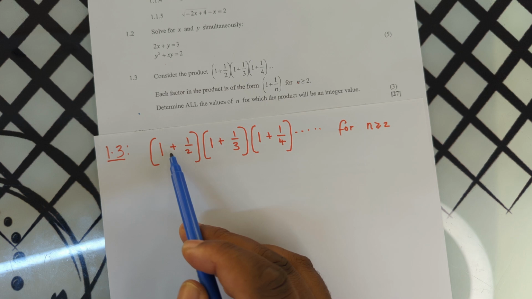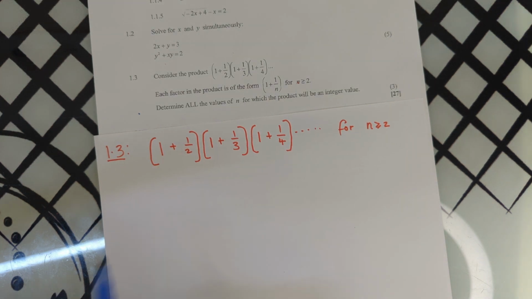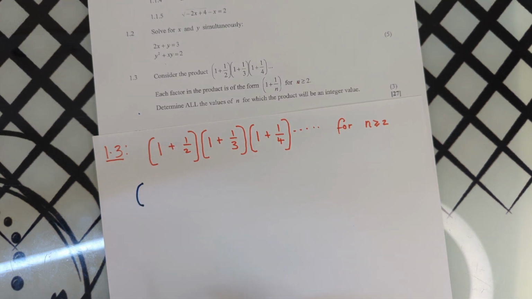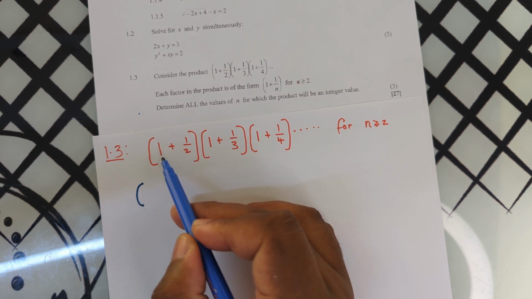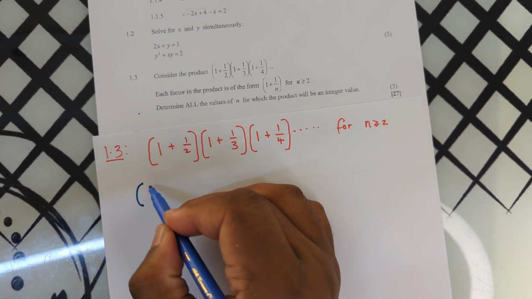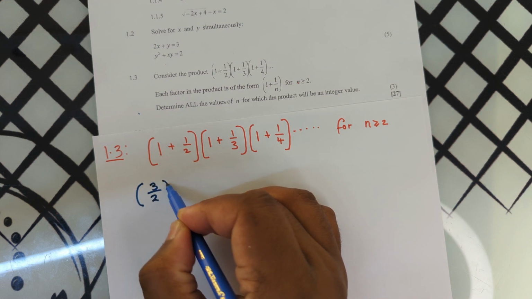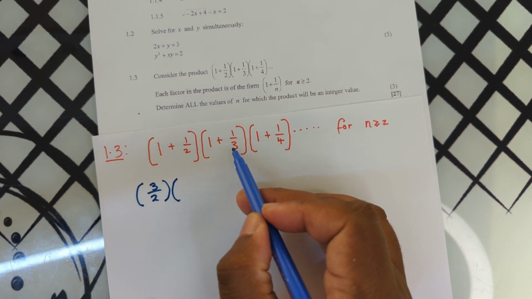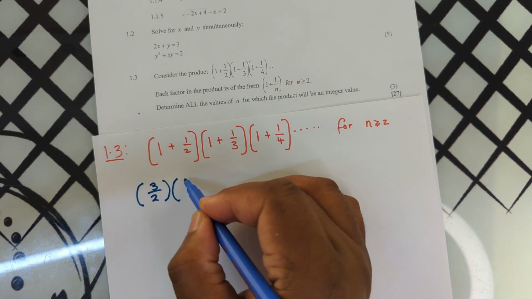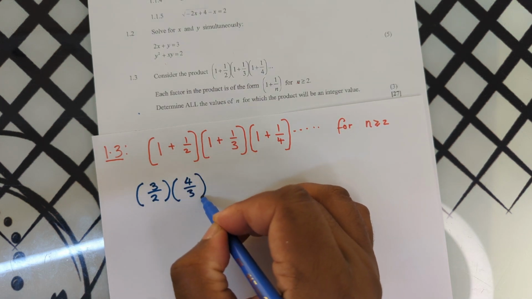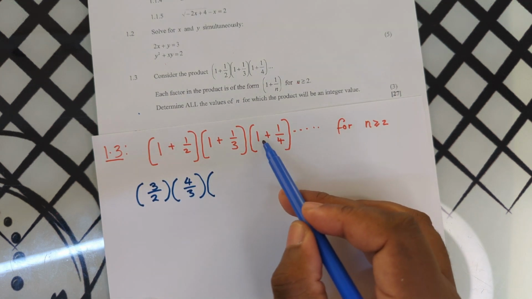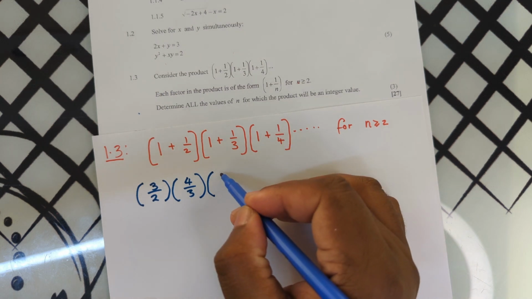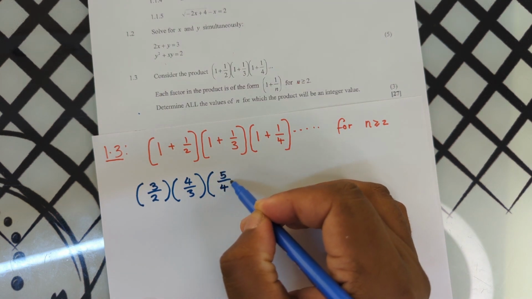So let's try to simplify this. Let's combine this into an improper fraction. So the first bracket, if you add 1 plus 1 over 2, of course you multiply 1, multiply 2, that's 2 plus 1, 3. So this one will be 3 over 2, multiplied by 1 multiplied 3, that's 3 plus 1, 4. The second one will be 4 over 3, multiplied by the third one will be 1 multiply 4, 4 plus 1, 5. This one will be 5 over 4.